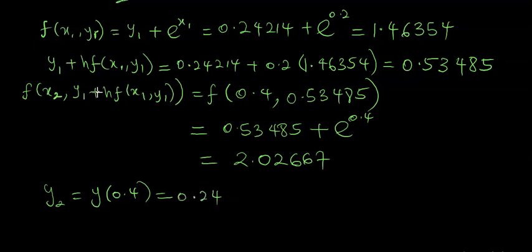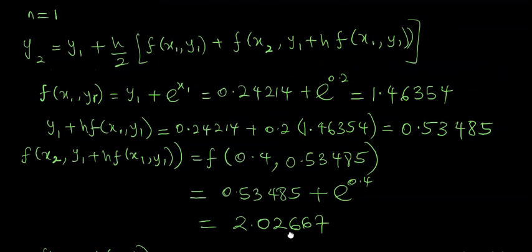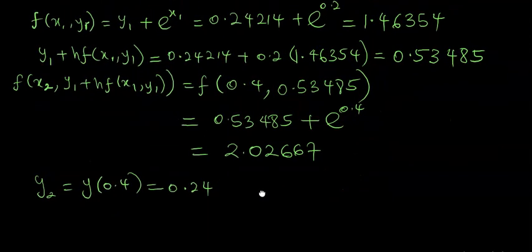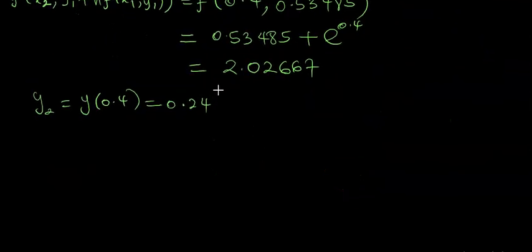Now our y2, at 0.4, from the formula, we're simply substituting all of this back into the equation. That will give us 0.24214 plus 0.2 divided by 2.